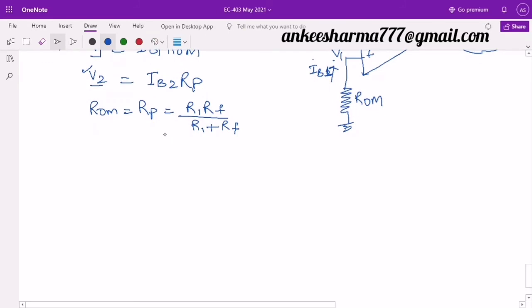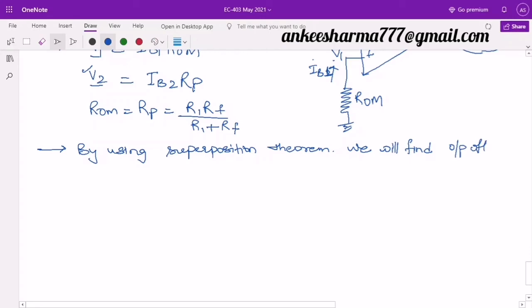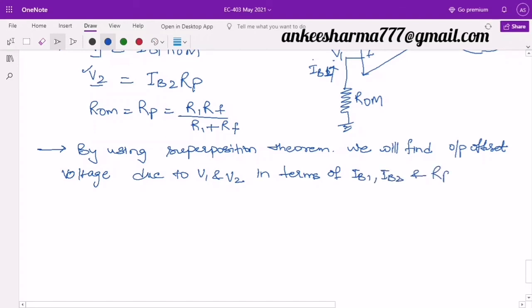So by using the superposition theorem, we will find the output offset voltage due to V1 and V2, and it will be in terms of the bias currents, IB1, IB2 and RF.